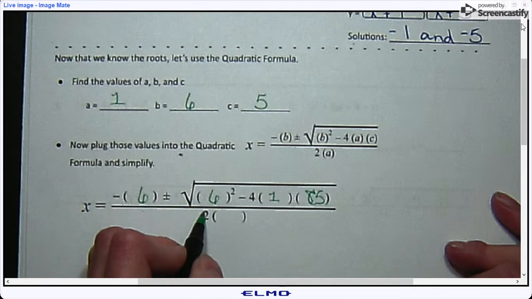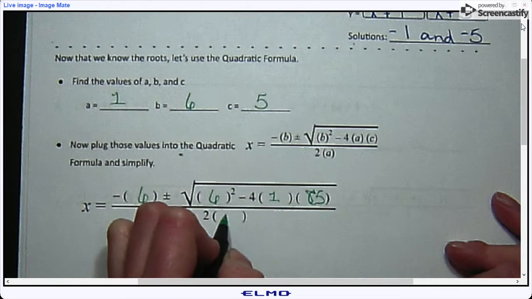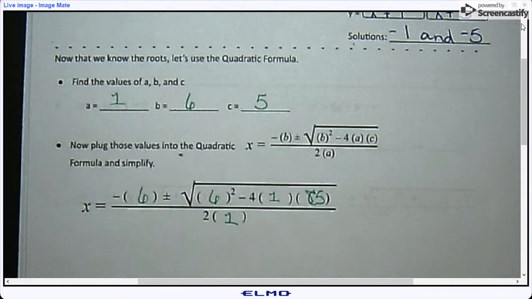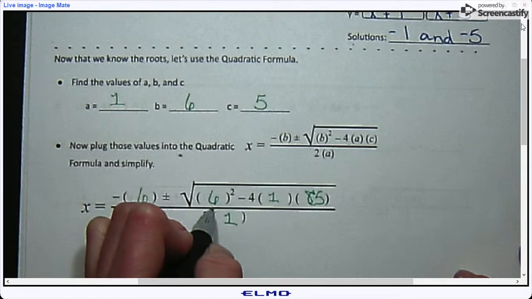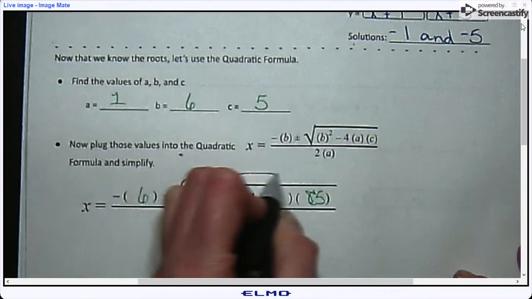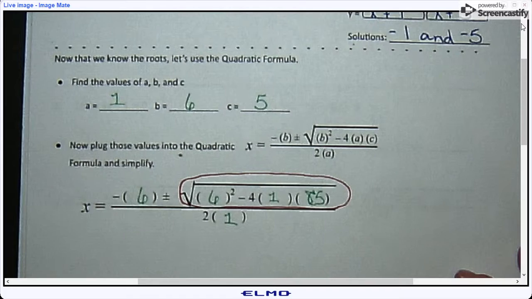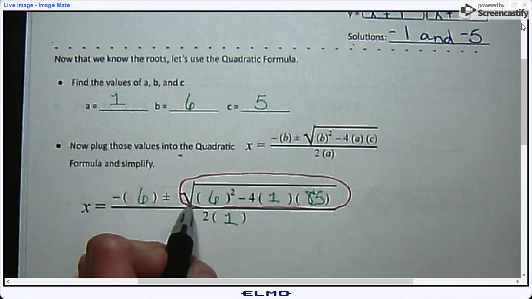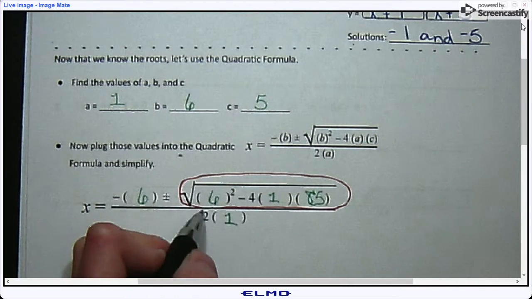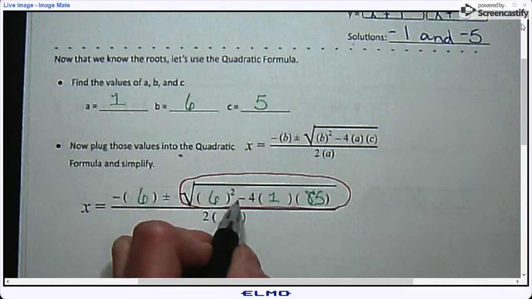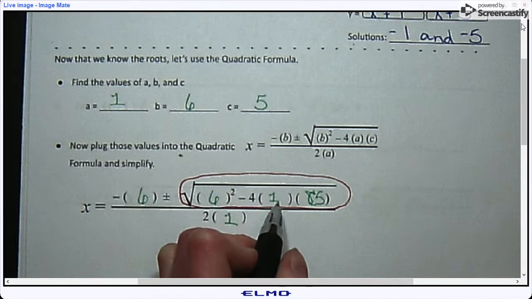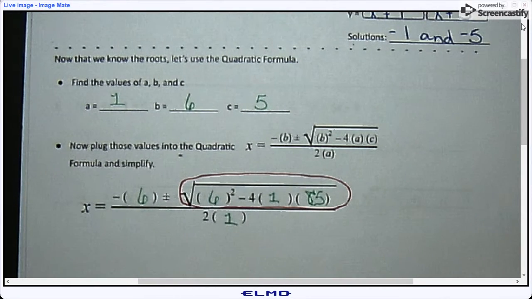On the bottom, we have 2 times a. From here, we can only put some of this into our calculator. So the first thing I'm going to do is use my calculator to input this entire radical. So you're going to hit second square root and enter this exactly as you see it: parenthesis 6 squared minus 4, parenthesis 1, parenthesis 5, and hit enter.